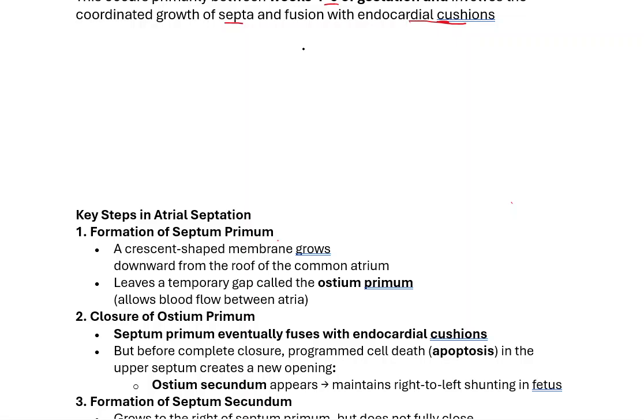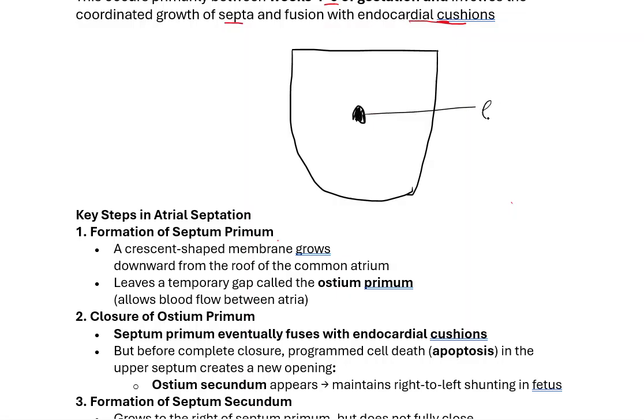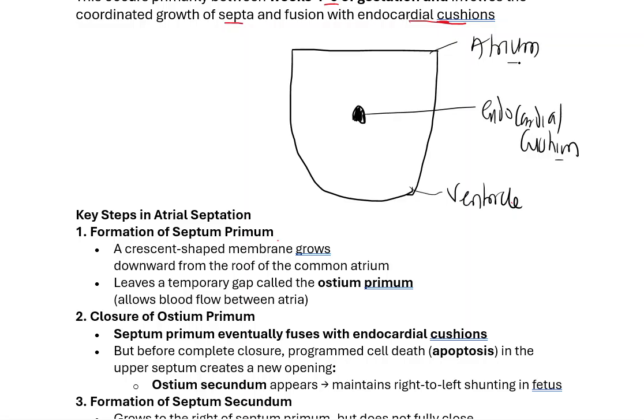So let's look at this diagram. This is the primitive heart. In the middle here, we're going to have the endocardial cushion. The lower part is going to be the primitive ventricles, and the upper part is going to be the primitive atrium.